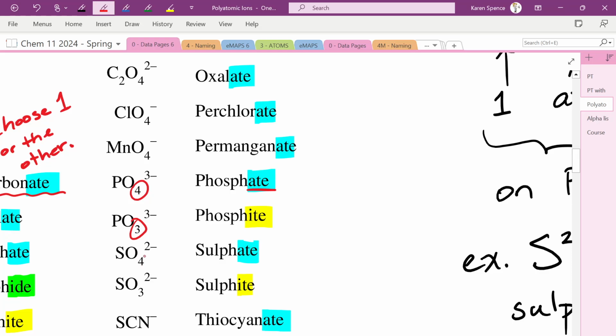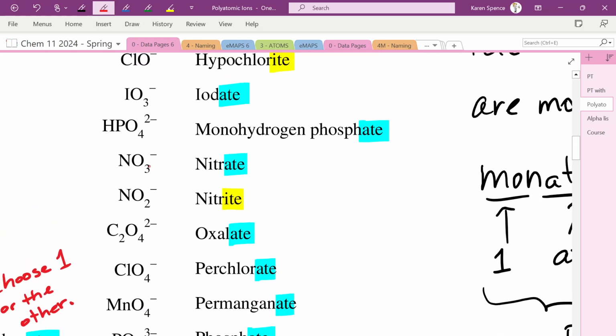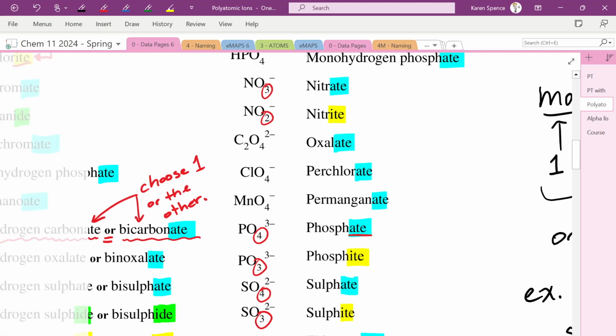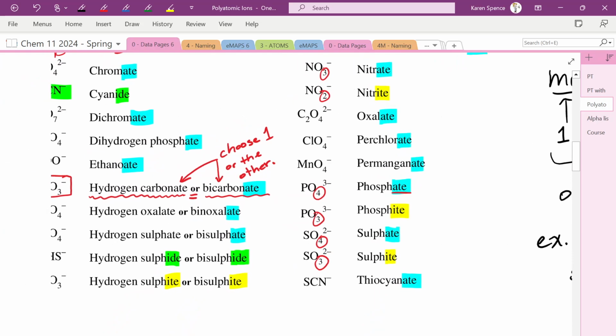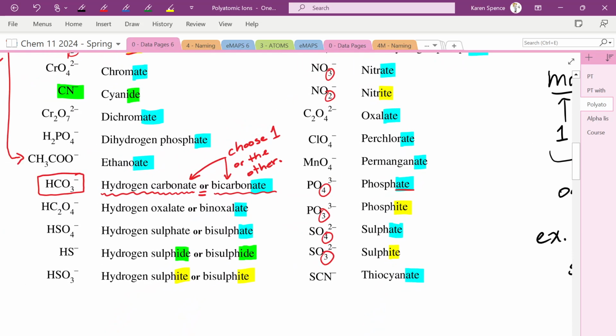Sulfate, which has 4, and sulfite, which has 3. And also we have nitrate, which has 3, and nitrite, which has 2. What is the relation between ate ions and their ite counterpart? The ate ions have 1 more oxygen than the ites.